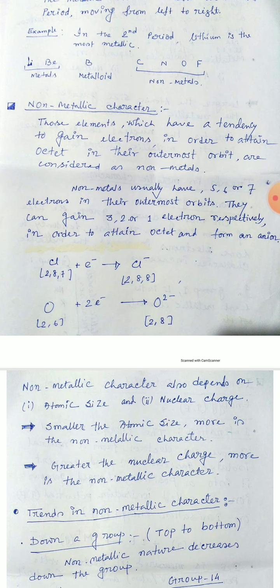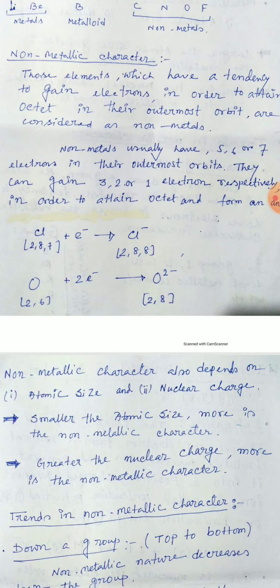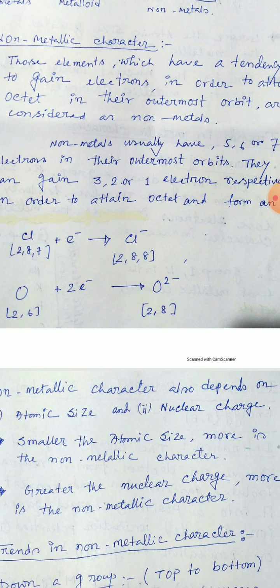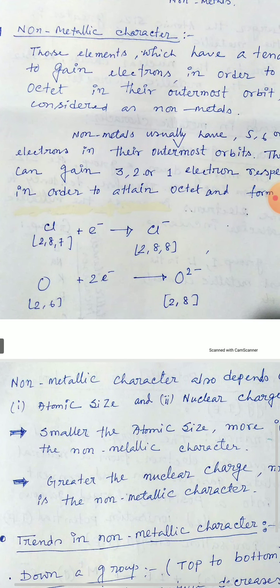Non-metals usually have 5, 6, 7 electrons in their outermost orbit, while you have to remember metals have 1, 2, or 3 electrons in their valence shell.